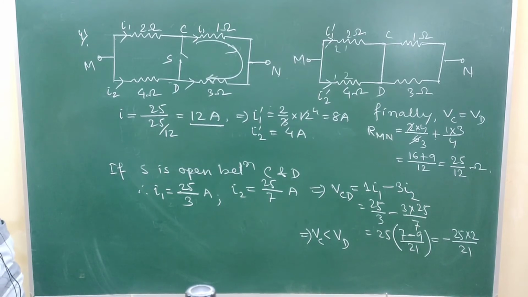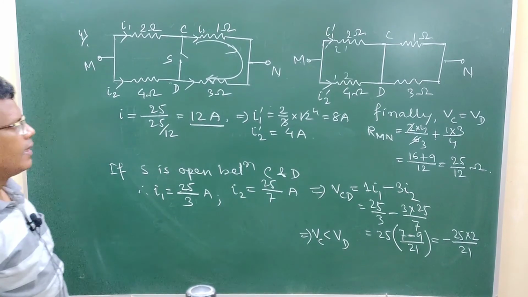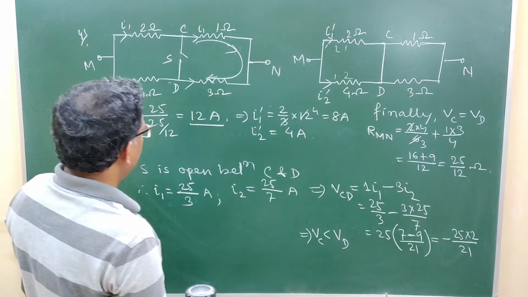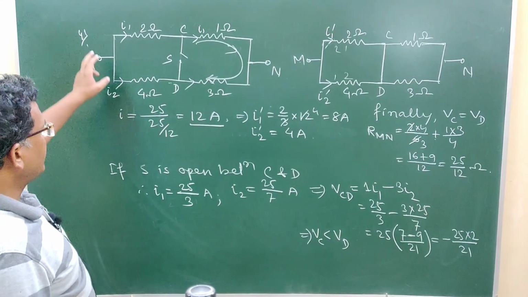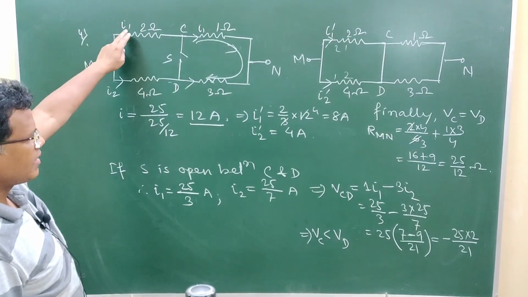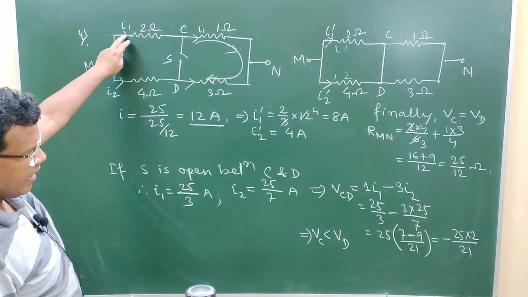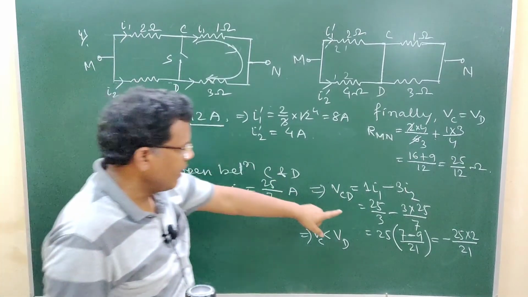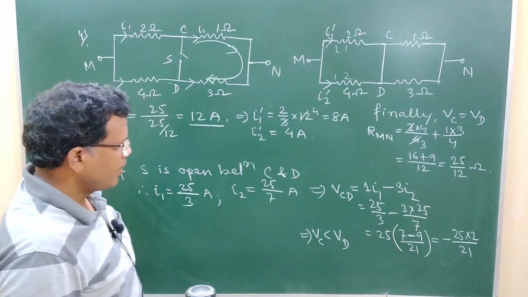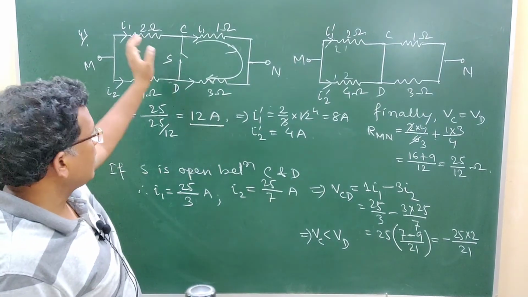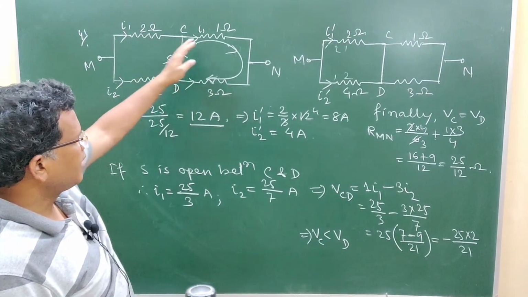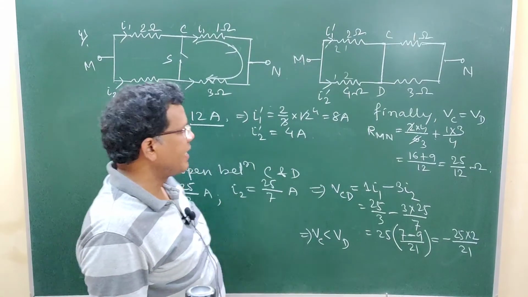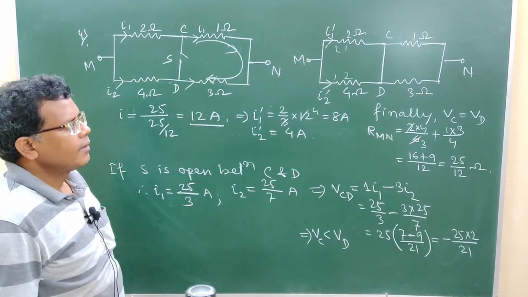Is it clear? Could you follow what I mean? So between M and C in the previous calculation we had seen I1 was 25 by 3, and now in that branch only I1 dash is flowing as 8 ampere.